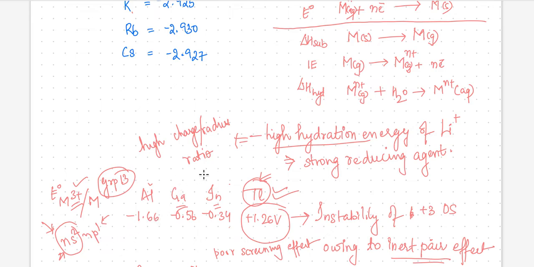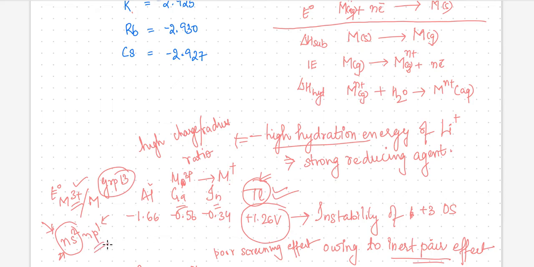For example, if you are talking about the reduction of M3+ to M+, you will see a kind of positive value when you move from gallium, indium, thallium. In the thallium case, you will see a more positive value for this reduction because of the inert pair effect.